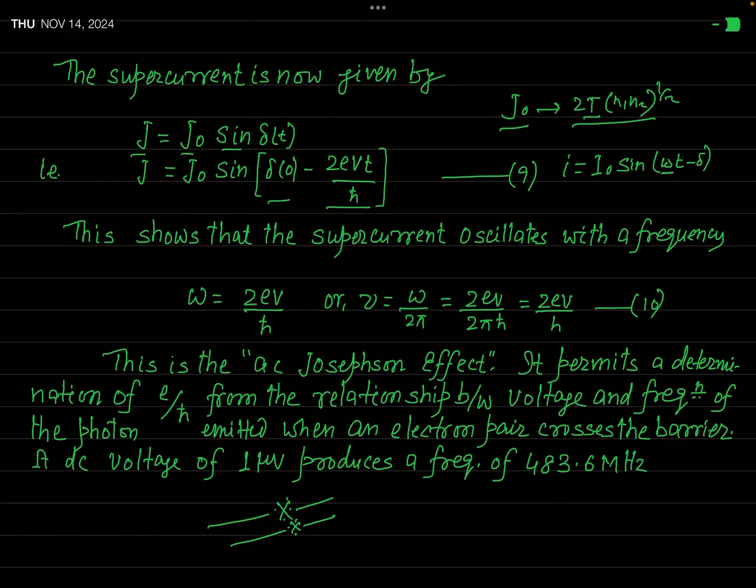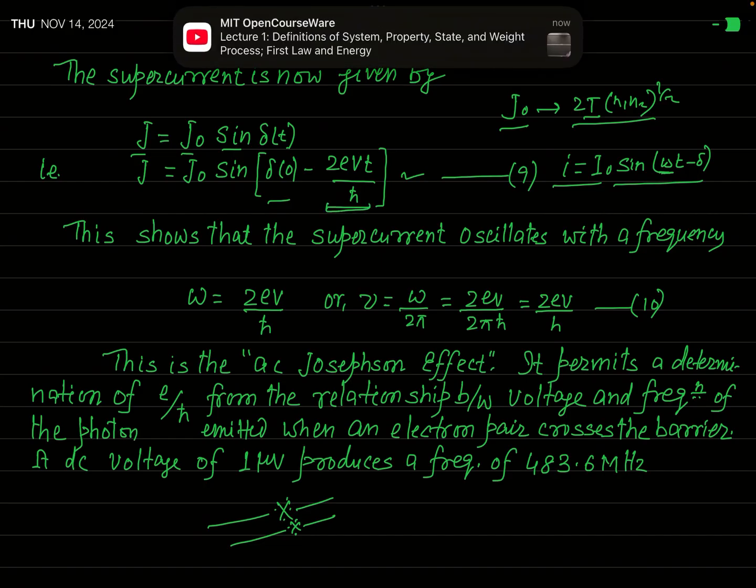Here omega is the frequency of the alternating current. So comparing this result with the standard expression for alternating current, you can see the multiple of t, which is the angular frequency, is in this case 2eV by h bar.